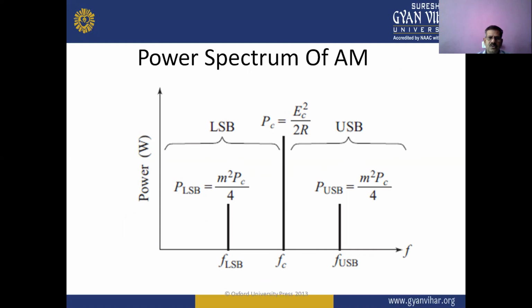Here also the carrier power is EC square upon 2R, the upper sideband power equals m square PC upon 4, and the lower sideband power also equals m square PC upon 4. So this is the representation of the power spectrum of an AM system.